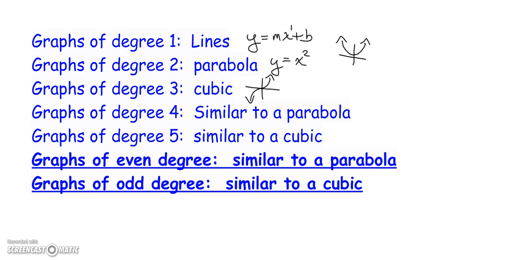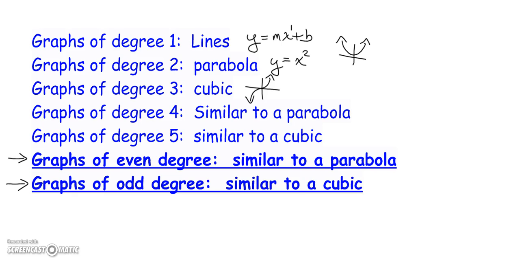But the pattern that I hope you have picked up in previous classes is right here, these two parts. If the graph has an even degree, it's going to be similar to a parabola, meaning it's going to extend either up and to the left and right forever, or it's going to extend down and to the left and down and to the right forever.